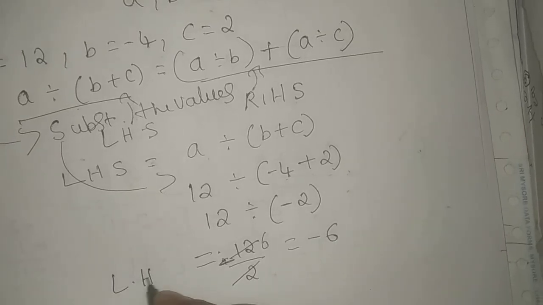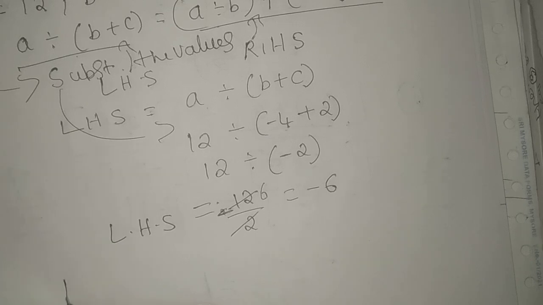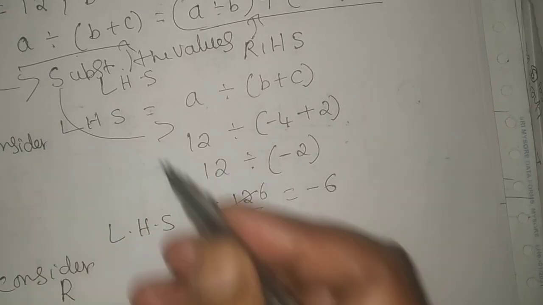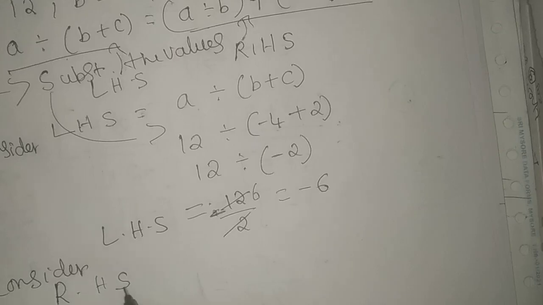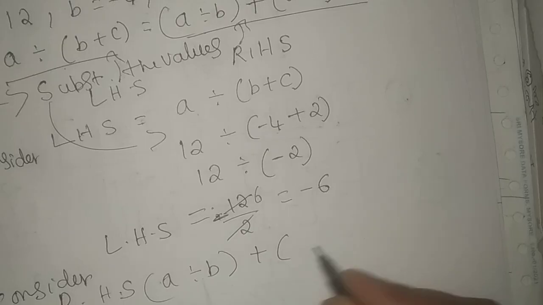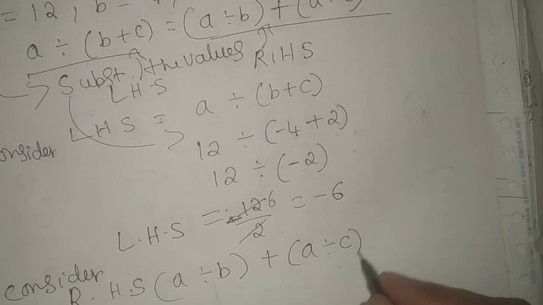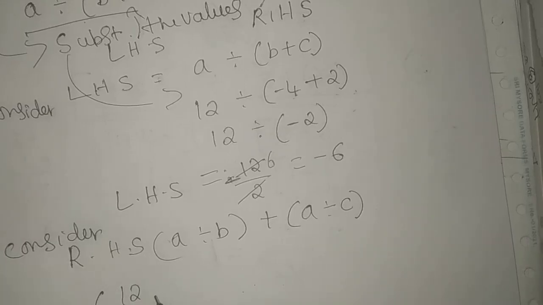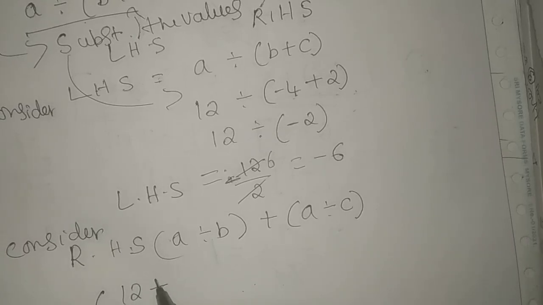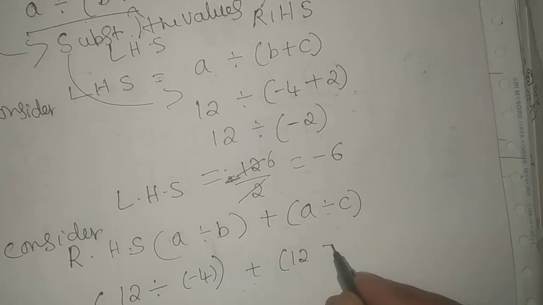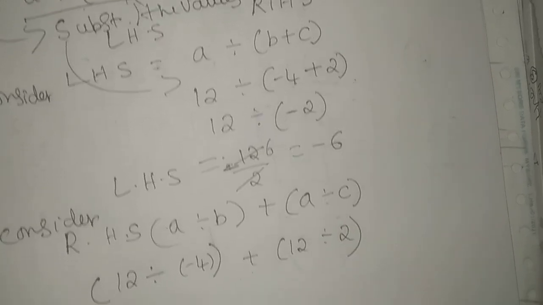That is LHS. Now we will consider RHS. RHS is A divided by B plus A divided by C. So 12 divided by minus 4 plus 12 divided by 2.